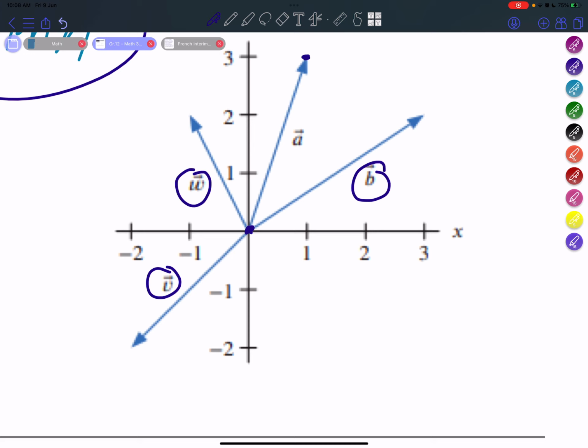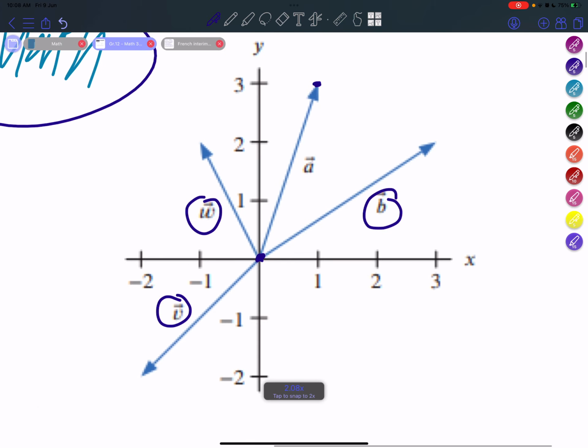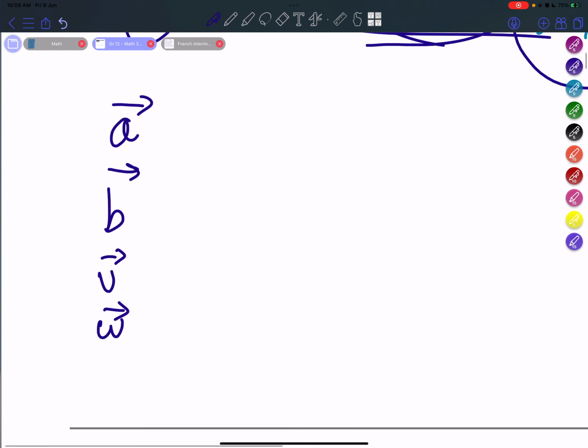But in this case, since the initial point is 0, 0, we can just get the coordinates of the final point. So y is 3 and x is 1. Hence, we write here x is 1, y is 3.